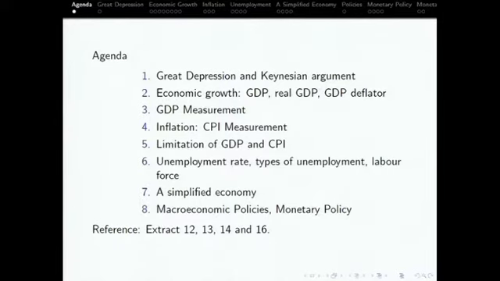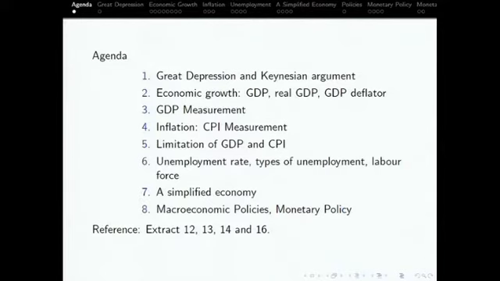The prescription is very clear. Once you have a competitive market, you don't need government intervention. In other words, you want to keep your government intervention minimal. Otherwise, it will bring deadweight loss. You deviate from the competitive market outcome, you end up with inefficiency.